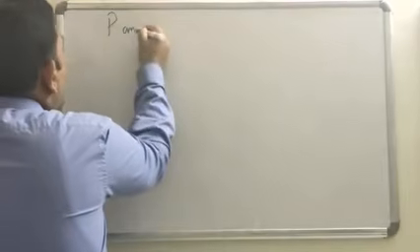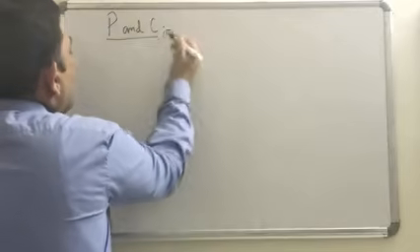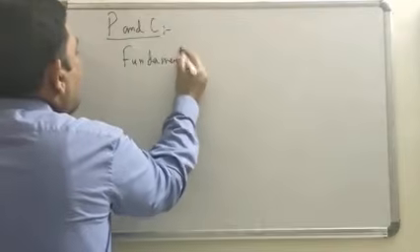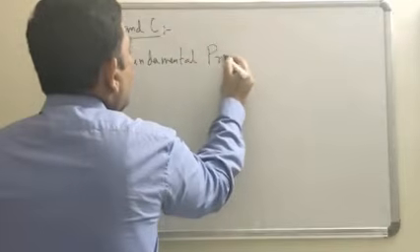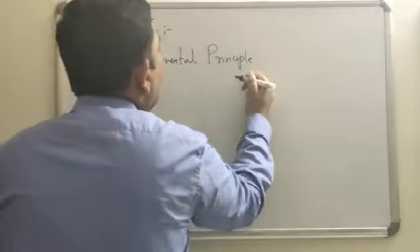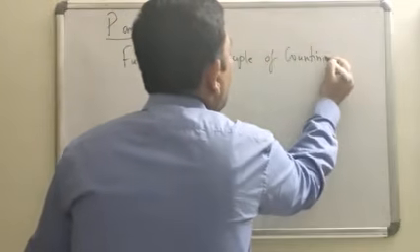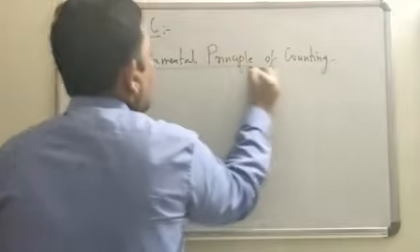When we talk about a topic like permutation and combination, the first thing that I wish to share with all of you, which I have to be clear about, is what is called the fundamental principle of counting.